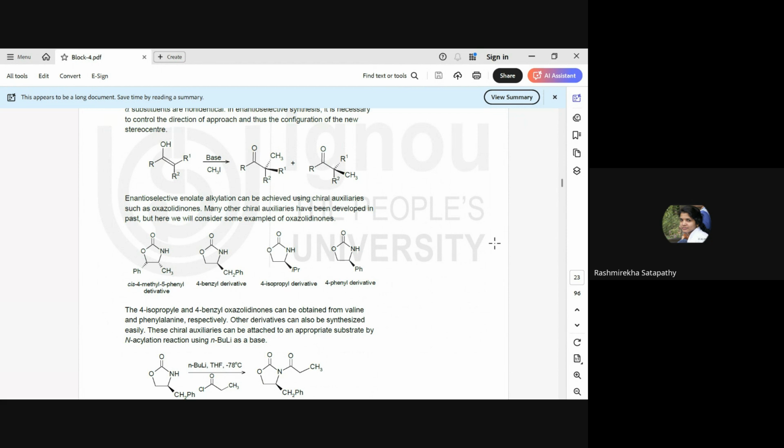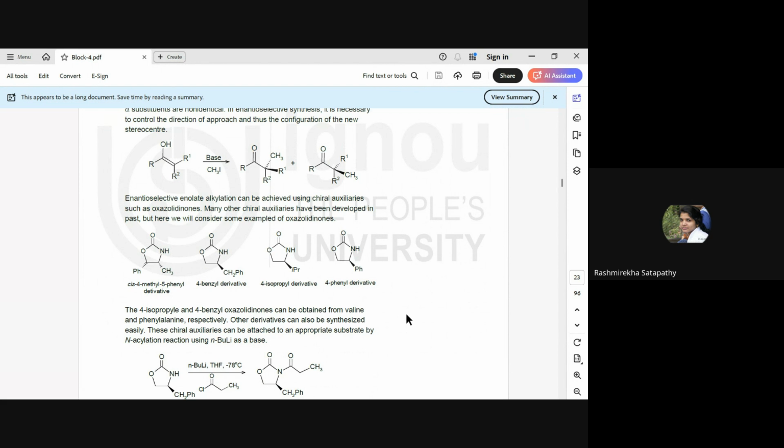oxazolidinones. Many other chiral auxiliaries have been developed in the past, but here we will consider some examples of oxazolidinones. The compounds 1, 2, 3, 4. These are chiral compounds.